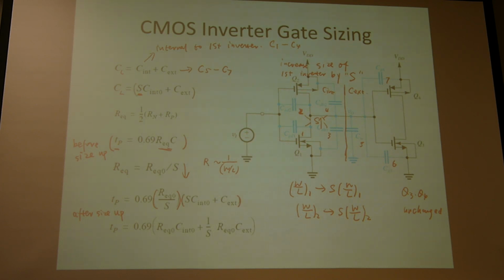This is your new C. So you will have a new R and a new C. When you plug in those two and multiply this one with this one, the S here will cancel out. So you still get this one. But the second term here will have a 1 over S factor.